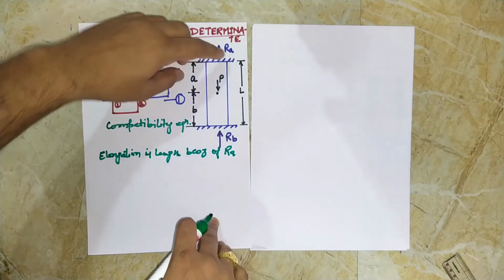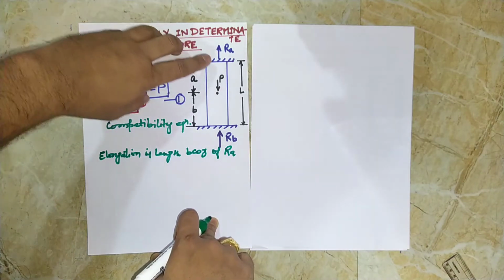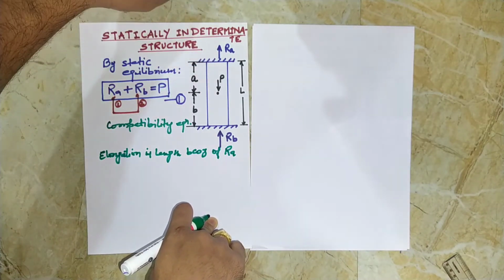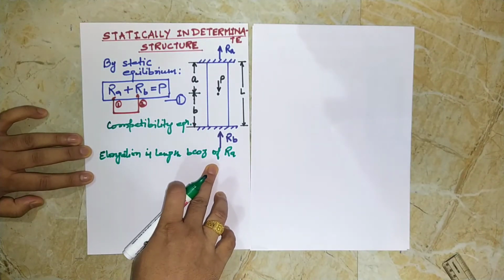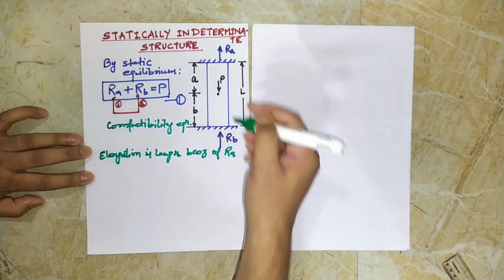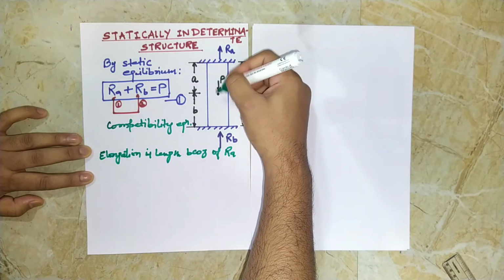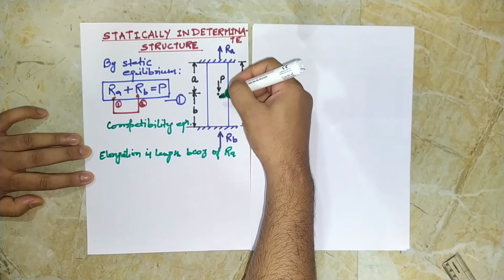If the support was not there, this reaction would have pulled the bar upward. The elongation in length because of RA is actually being suppressed by the force P downwards.